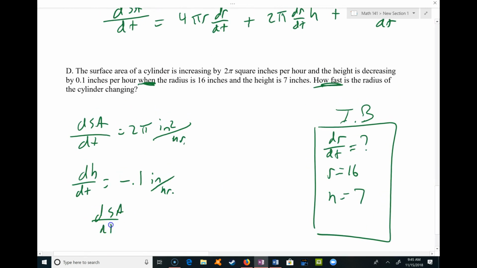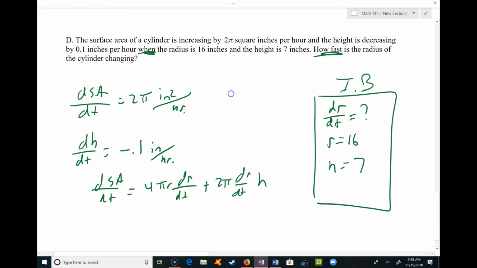dSA dt, and that'd be 4 pi r dr dt, right? Plus 2 pi dr dt h plus 2 pi r dh dt. Okay?